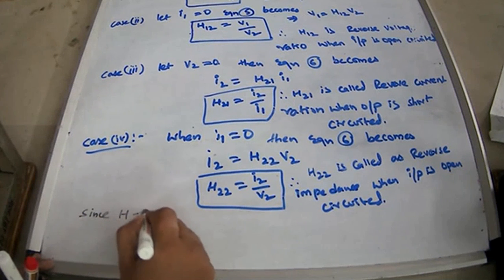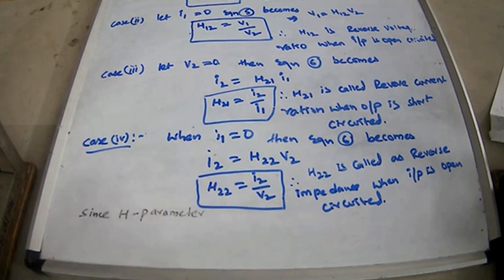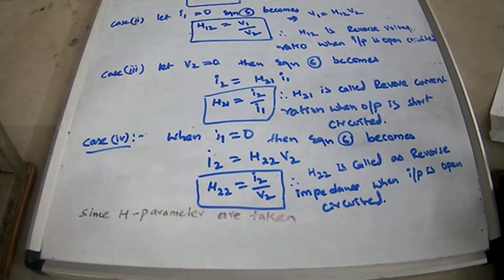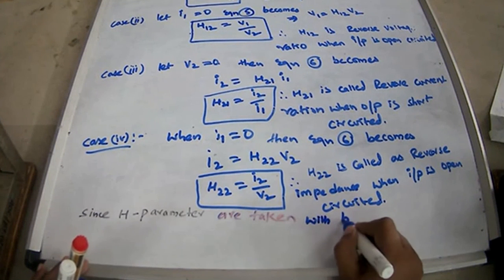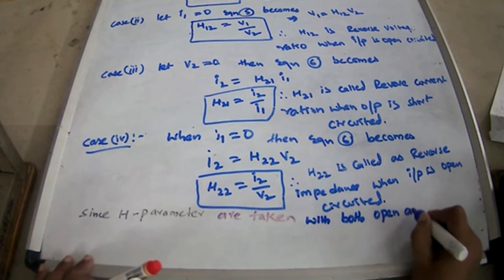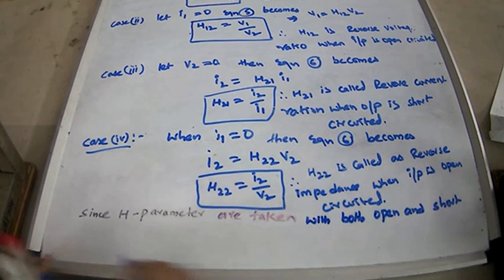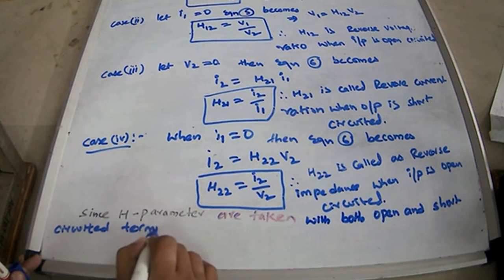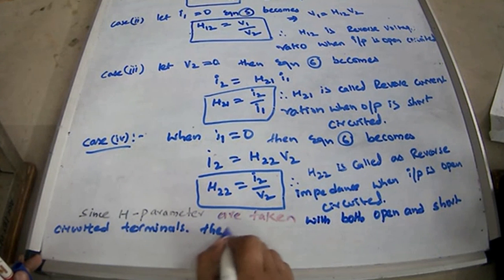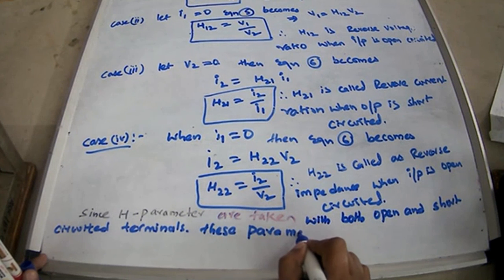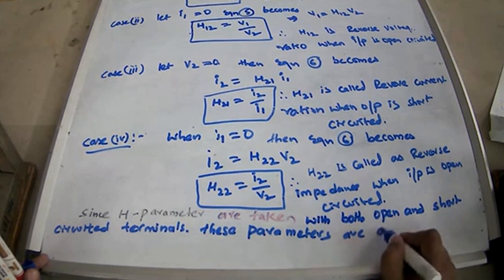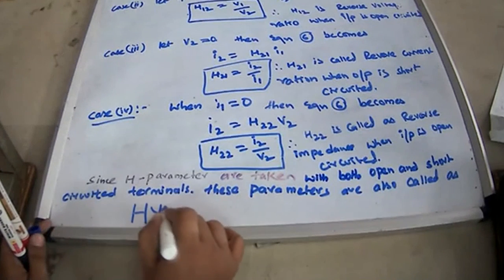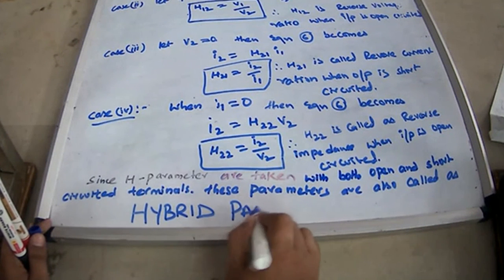So we can say this, since H parameters are taken with both open and short circuited terminals, these parameters are also called as hybrid parameters.